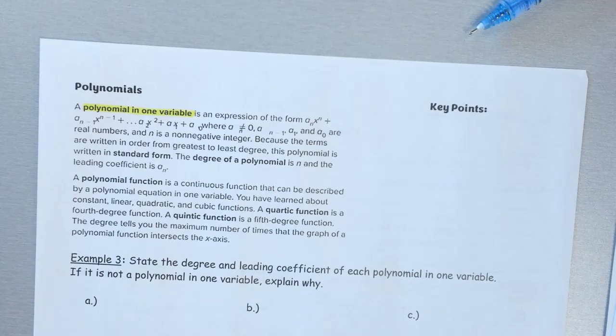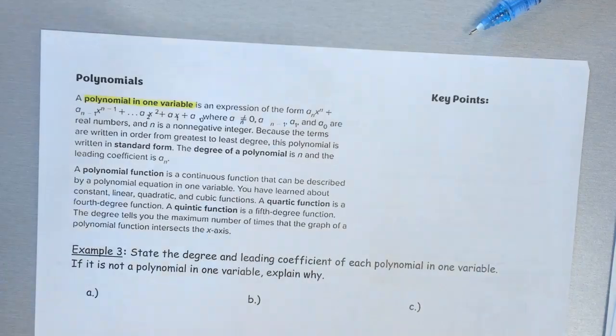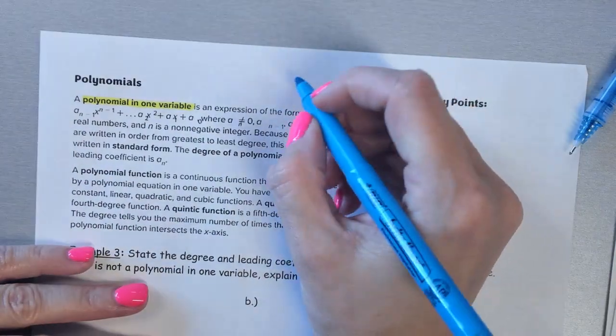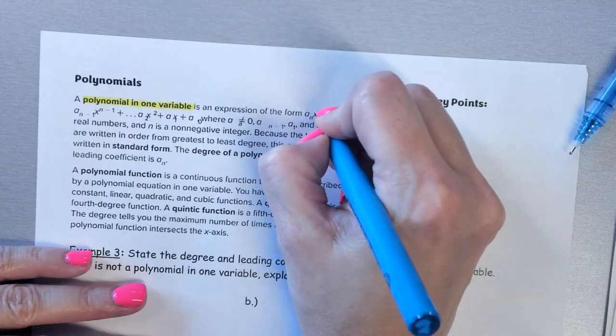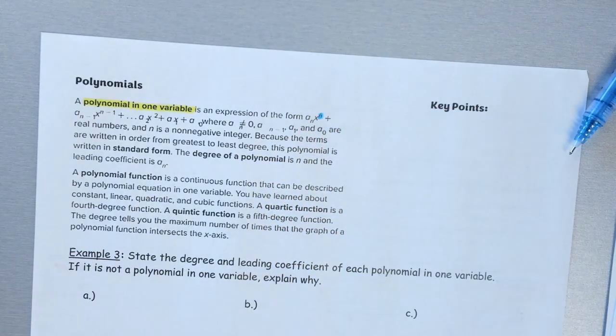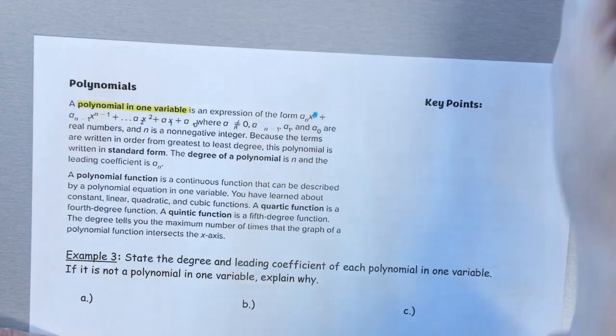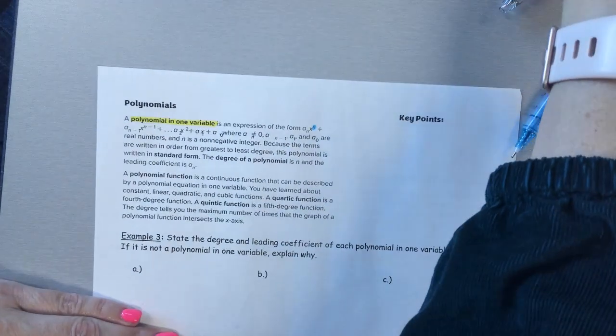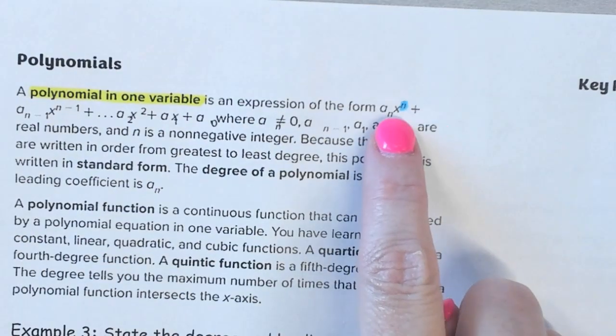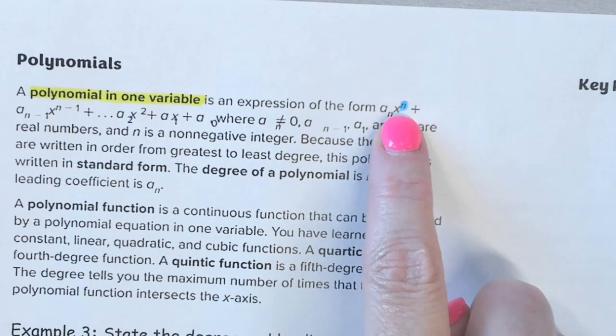Okay, so I just want to show you how they're coming up with this because this is something that you'll see often. So it's a sub n x to the nth power. The a sub n stands for the leading coefficient to the variable with the exponent of n.